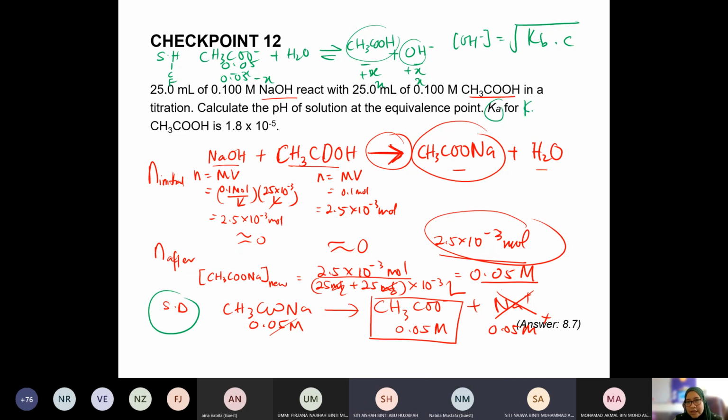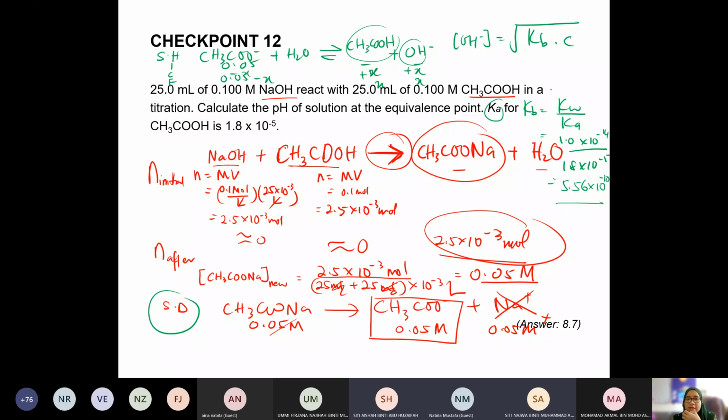Okay, so the KB is equal to KW divided by KA, right? So KB is equal to 1.0 times 10 to the power of -14 divided by KA 1.8 times 10 to the power of -5. Berapa? 1.0 exponent -14 divided by 1.8 exponent -5. 5.56 times 10 to the power of -10.